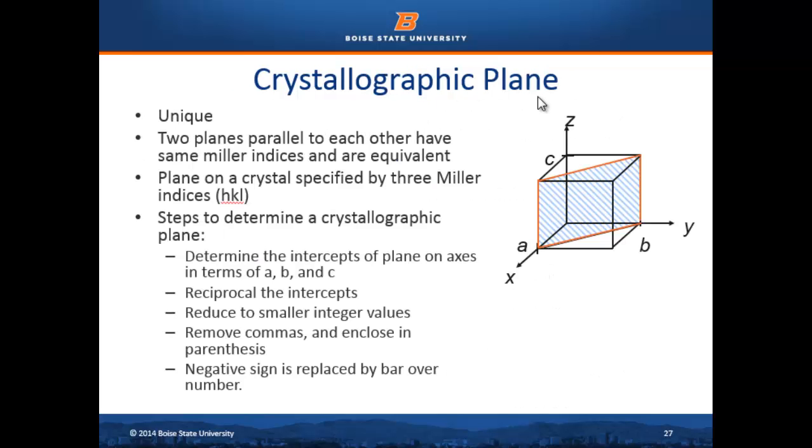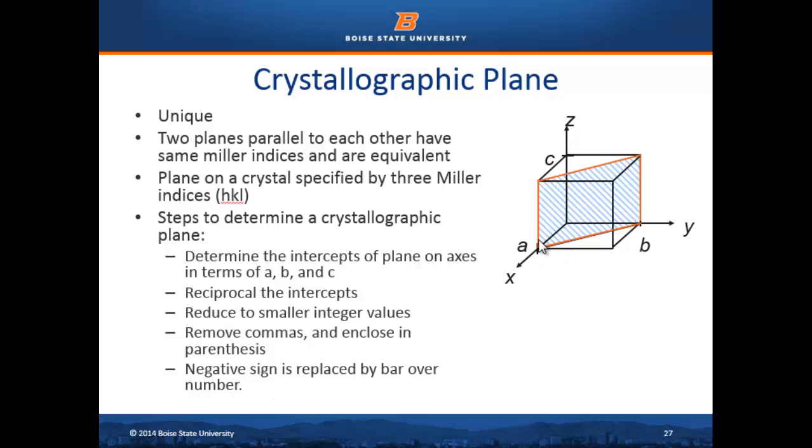Each crystallographic plane is unique inside a crystal structure. Therefore, if two planes are parallel to each other, then they will have similar Miller indices and will be equivalent. Planes are also specified by 3 Miller indices, h, k, l. The steps to determine a crystallographic plane are pretty simple.